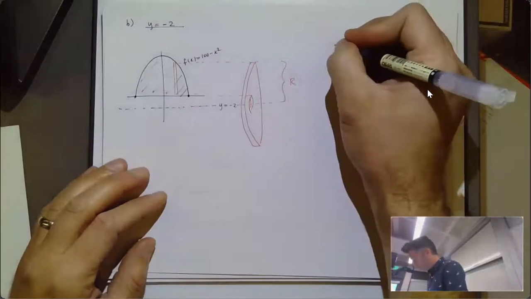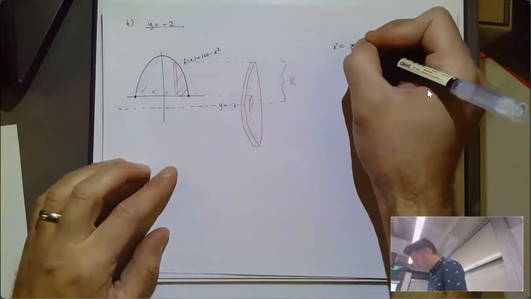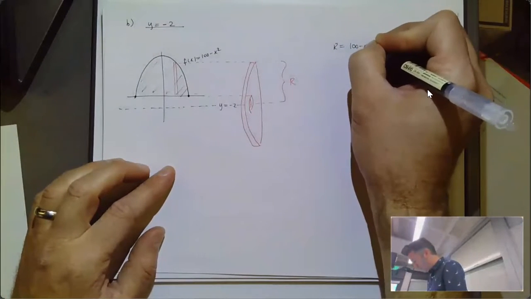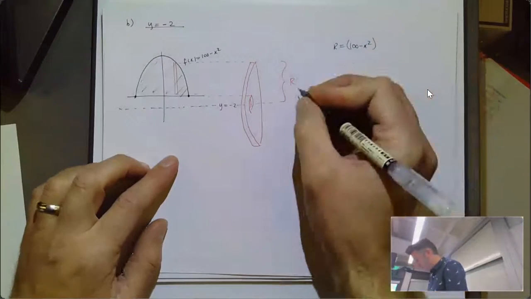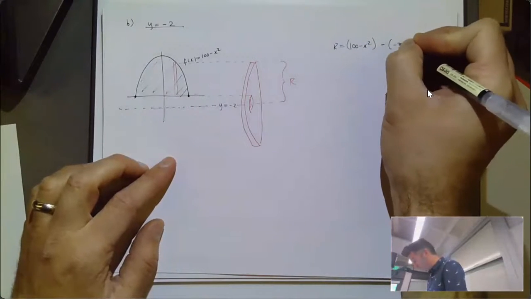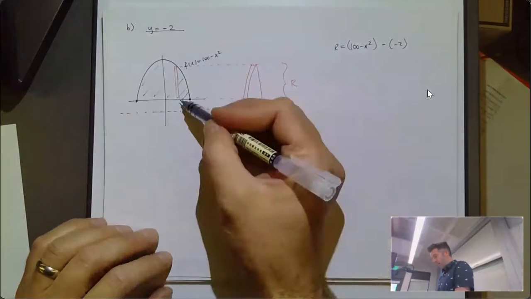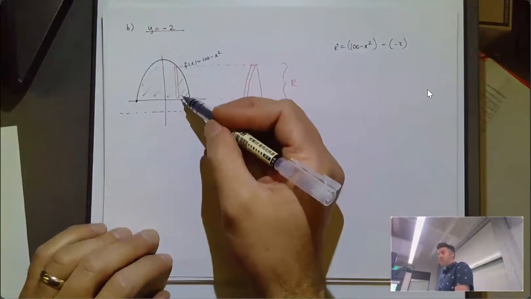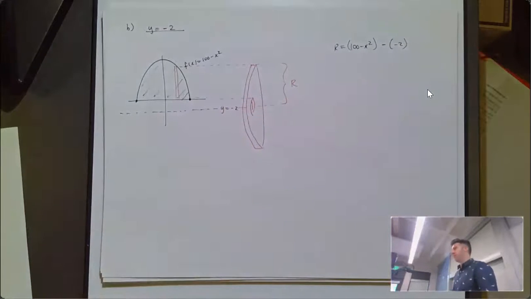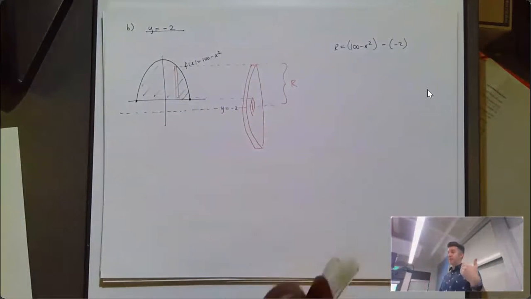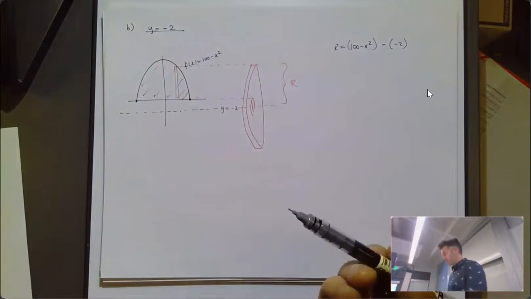My outer radius is going to be 100 minus x squared, plus 2, which makes sense, right? I've definitely made my radius bigger. I've added 2 to it. But I do encourage you to think of the radius generally as the distance between your function and your axis. And the way we find distance between things is by subtracting them.